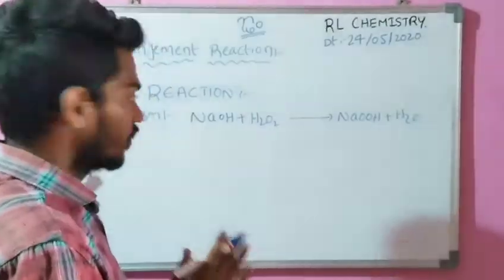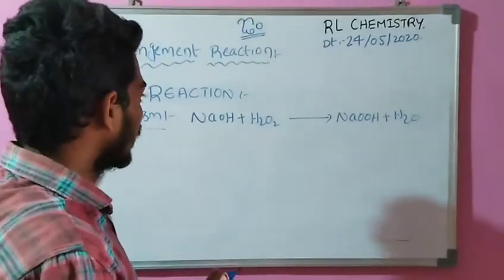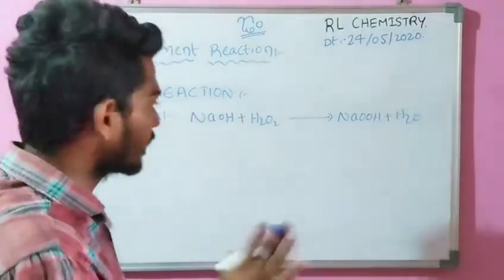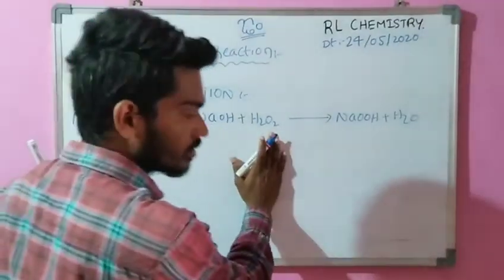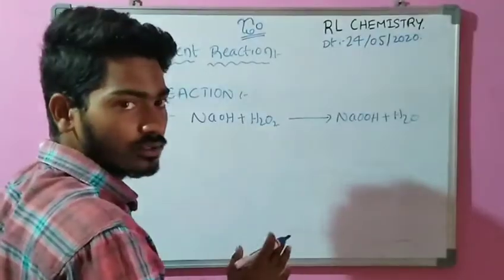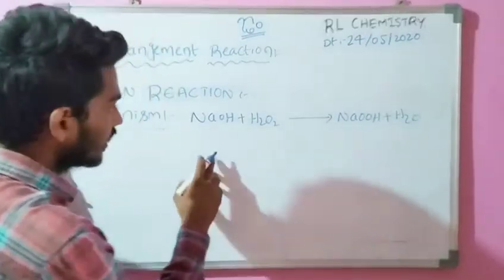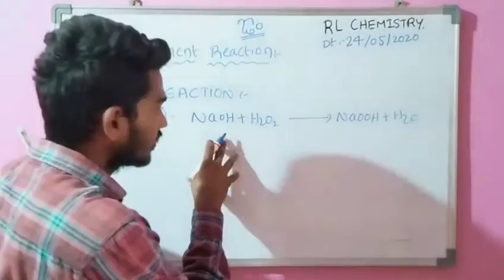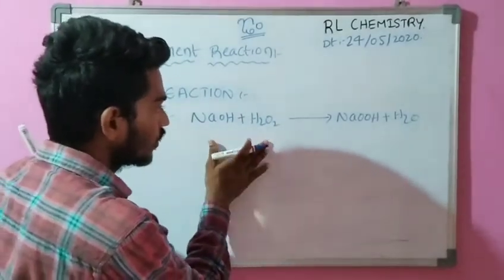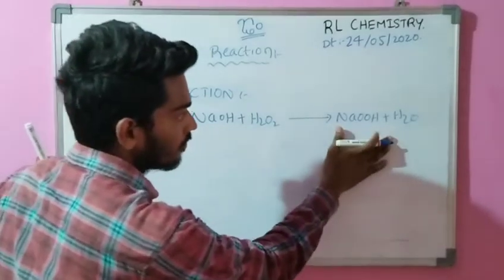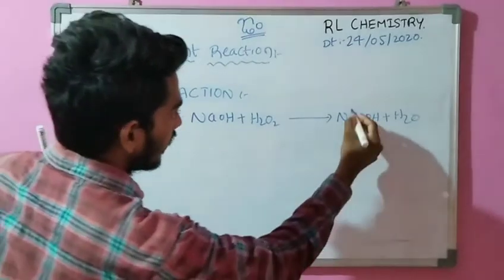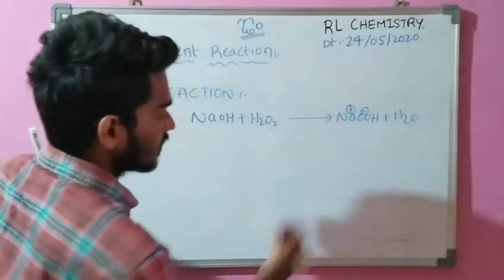Actually, in this reaction the aldehyde group is converted into a hydroxyl group in the presence of sodium hydroxide and hydrogen peroxide, which undergoes hydrolysis. So here we take sodium hydroxide and hydrogen peroxide, and they react and form this type of product. We are using Na plus and OH minus.